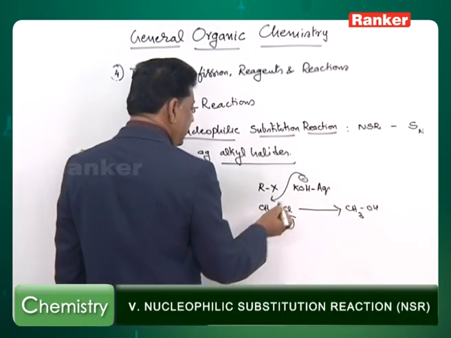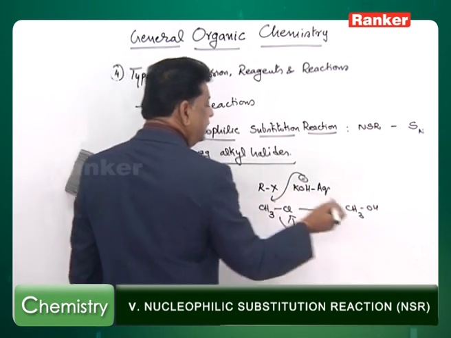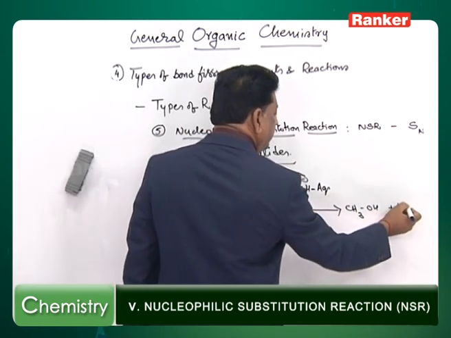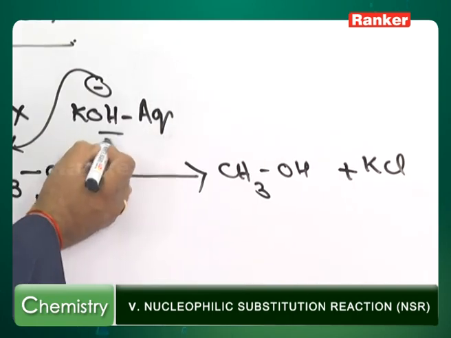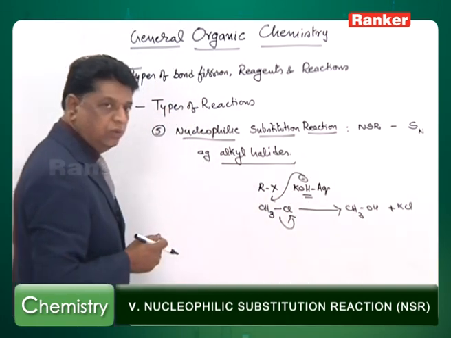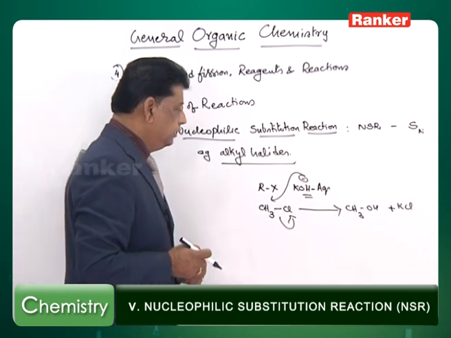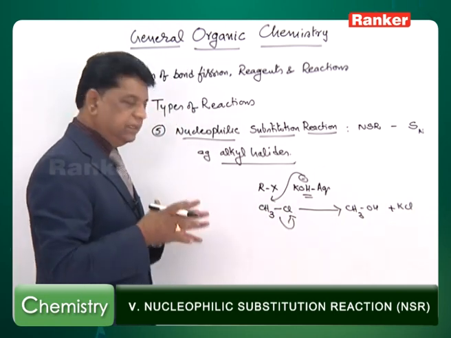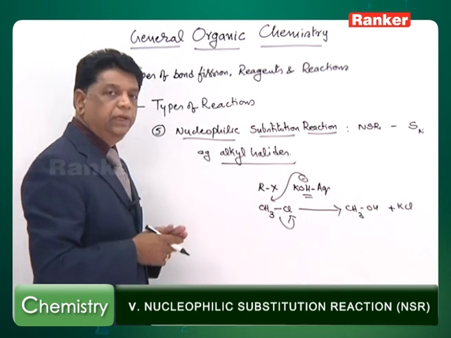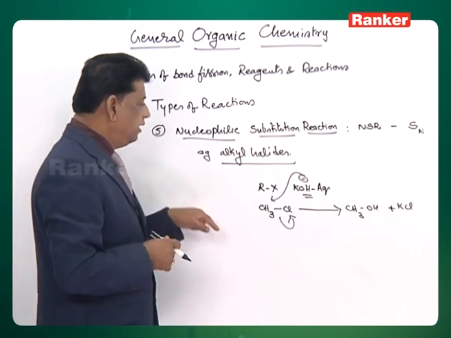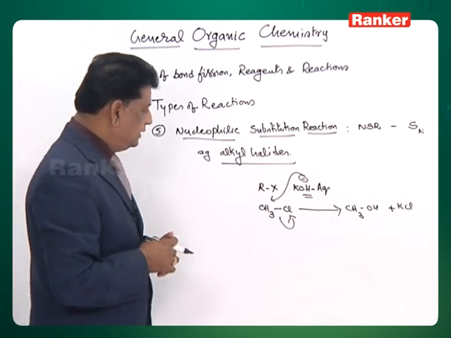In this reaction the Cl minus is the outgoing group and the K forms KCl. This is the byproduct. So, what is exactly happening is the OH minus nucleophile is coming into the compound and replacing the Cl minus. So, it is basically a substitution, but the incoming group happens to be a nucleophile, therefore I am calling it a nucleophilic substitution.